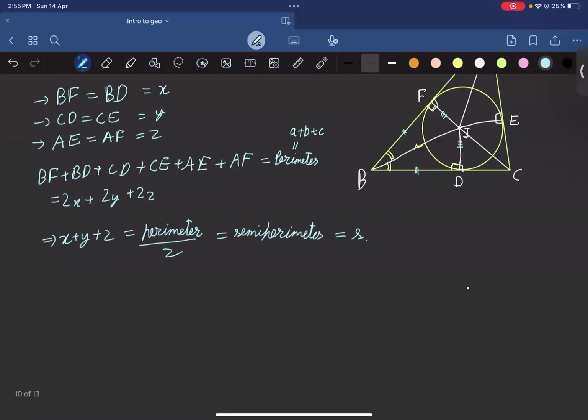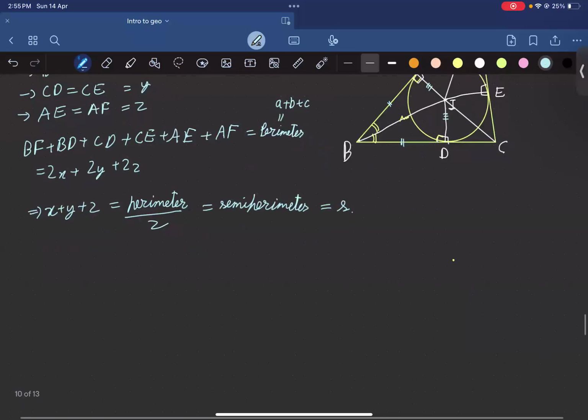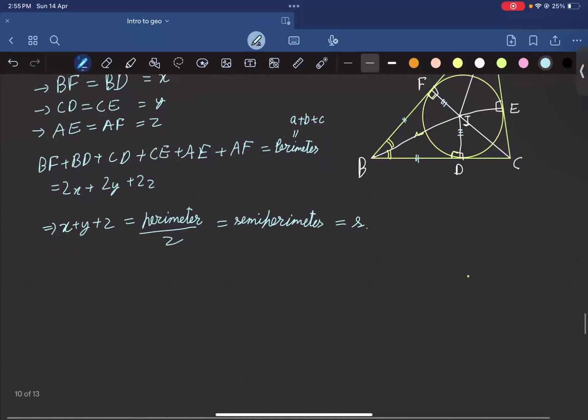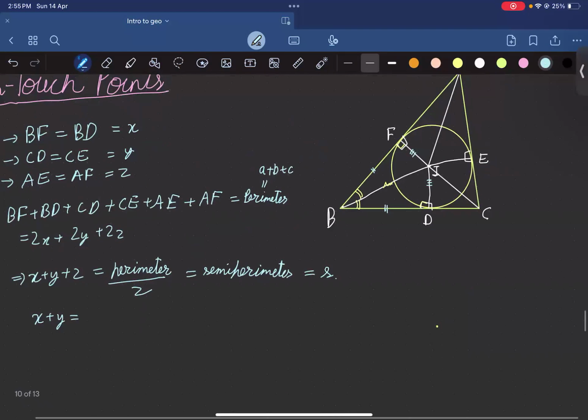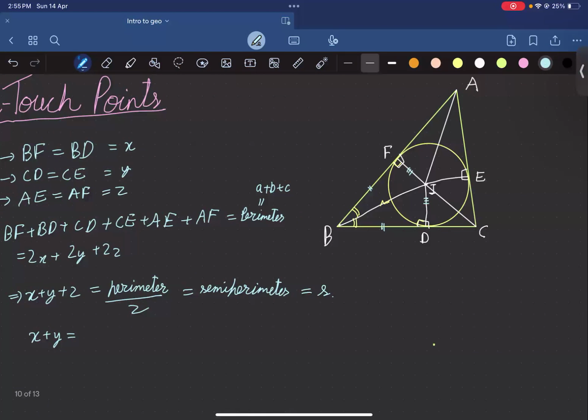For example, BC, which is equal to A, is equal to BD plus DC, which is X plus Y. And B is similarly CE plus AE.